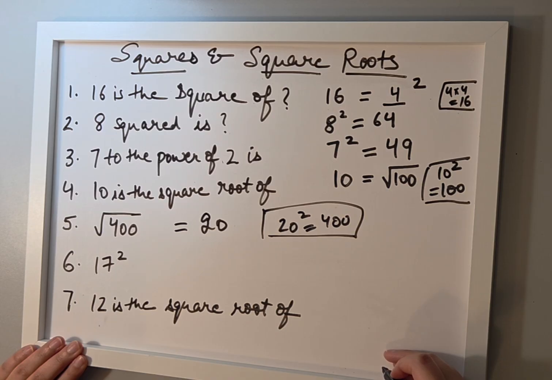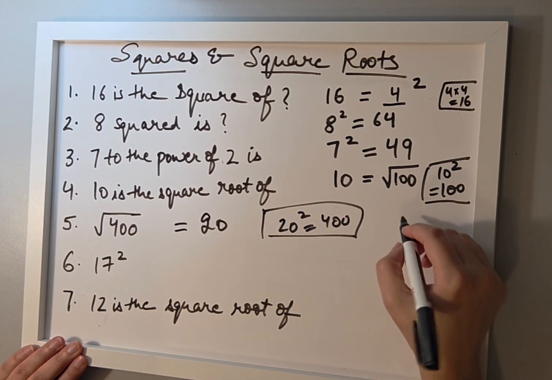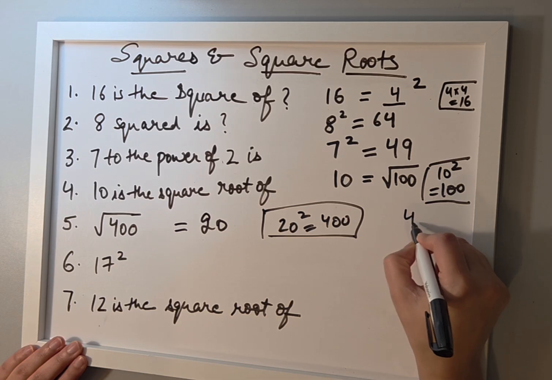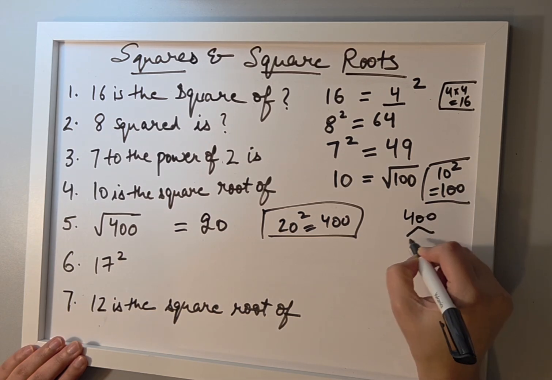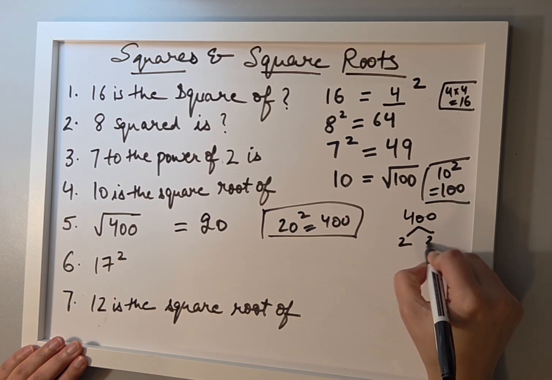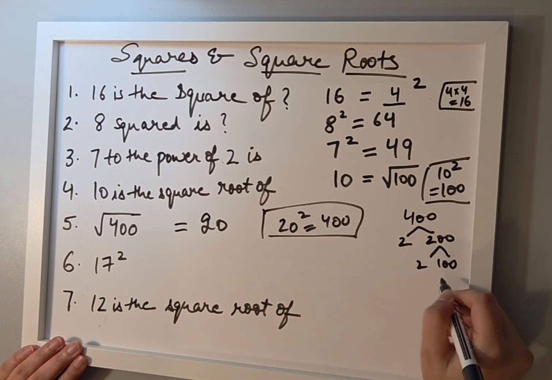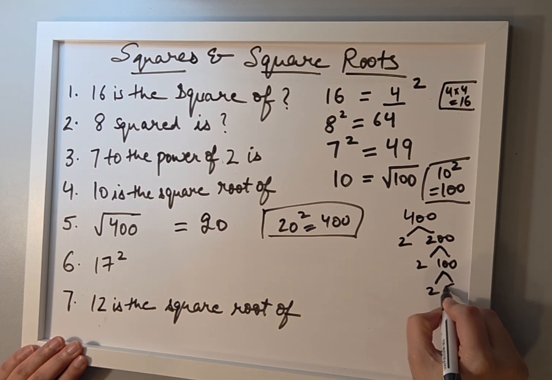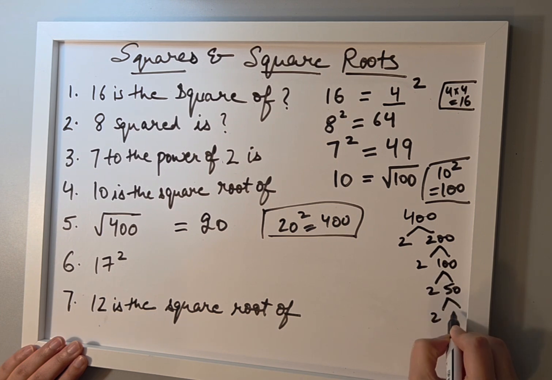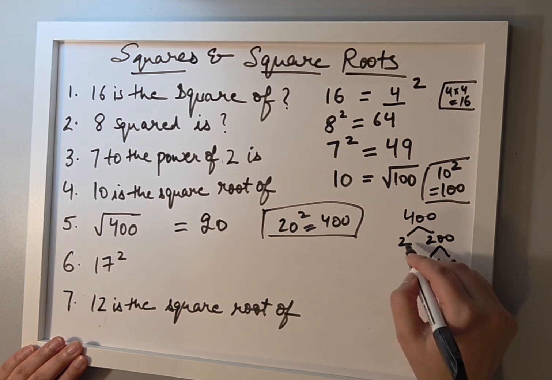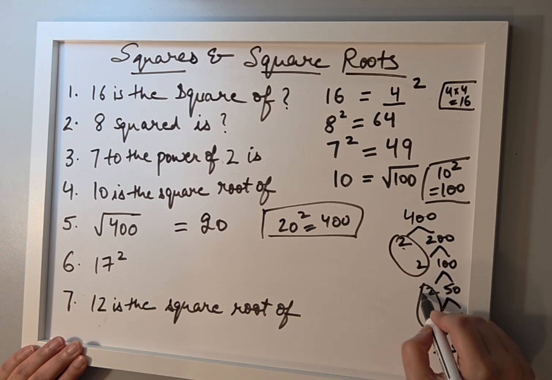We can also try to solve for the square root using the factor tree. So we know 400 is an even number, so we can divide it by 2. So 2 into 200. Then 200 again is an even number, so 2 into 100. Then 100 will be 2 into 50, then 50 will be 2 into 25, and then 25 will be 5 into 5. So now we try to look for the pairs.